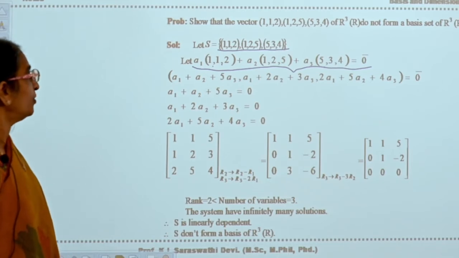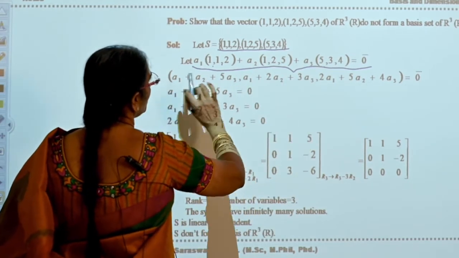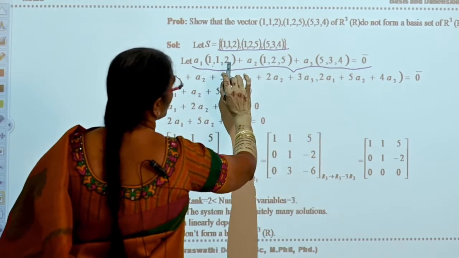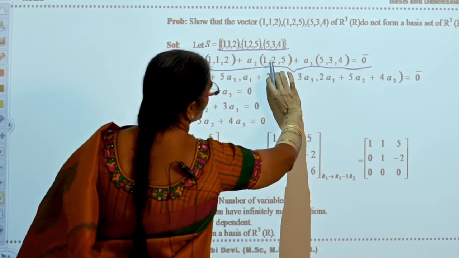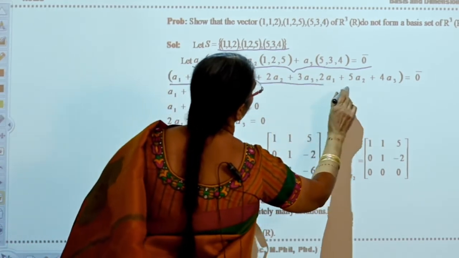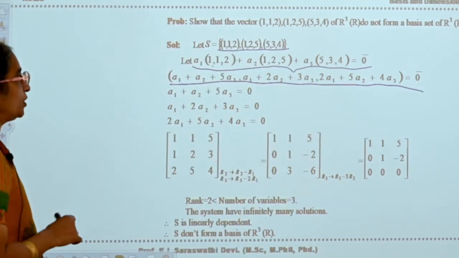Now, if you add, A1 plus A2 plus 5A3, A1 plus 2A2 plus 3A3, 2A1 plus 5A2 plus 4A3 is equal to 0. This you got after simplifying. Now equate each component to 0.